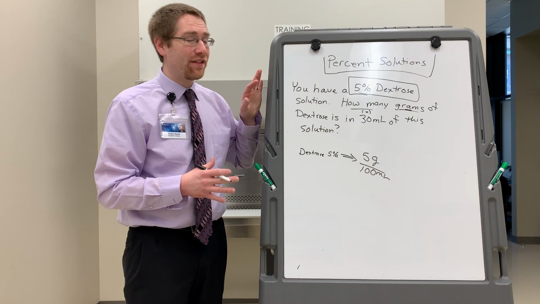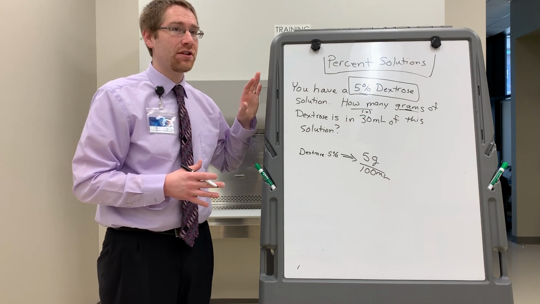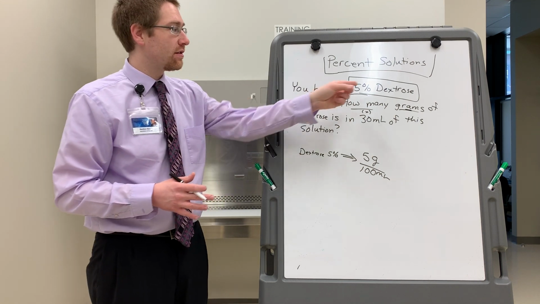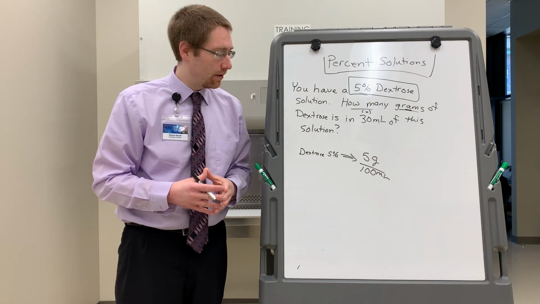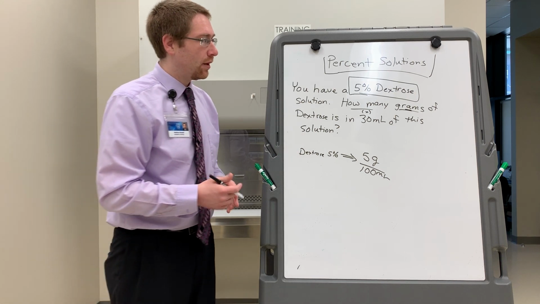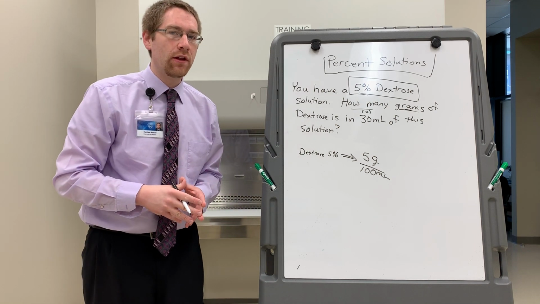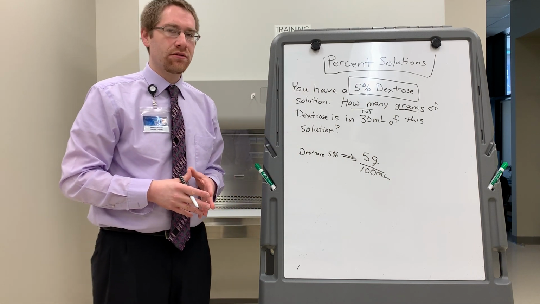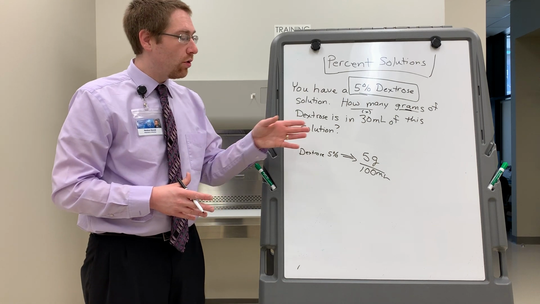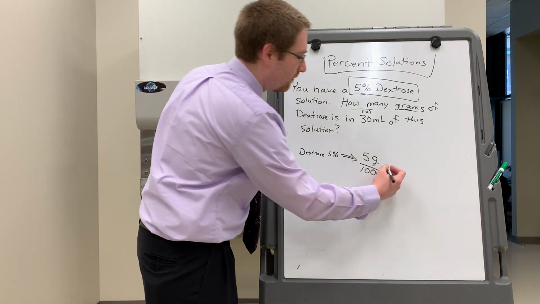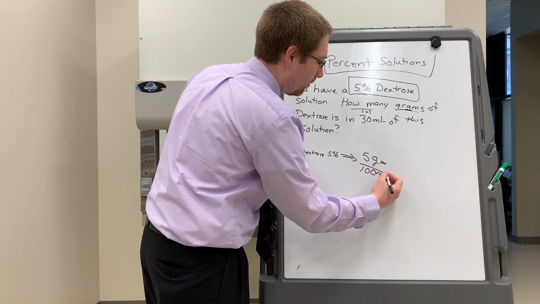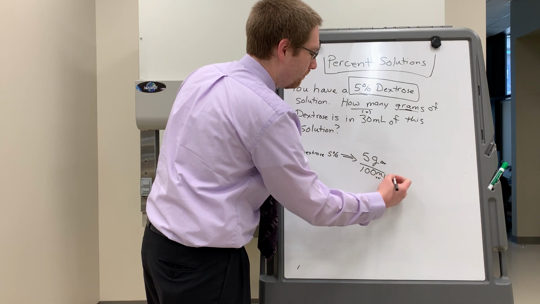It's just as if they had written a traditional concentration into the product. The only difference is they wrote it as a percent solution. So starting my problem, I would first identify what is the known concentration I'm working with. In this case, it's dextrose 5%. And I know that that means there are 5 grams of dextrose in every 100 mLs of volume.